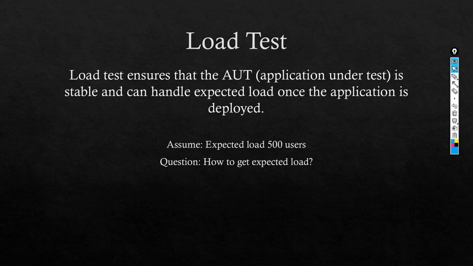So, for example, if it is an existing application, and after a few months or few years, they are coming to us and asking us to test the application again for performance. Now, how they are deriving this number 500 is because it's an existing application. They have to see the historical data in production, let's say the last 6 months of data.